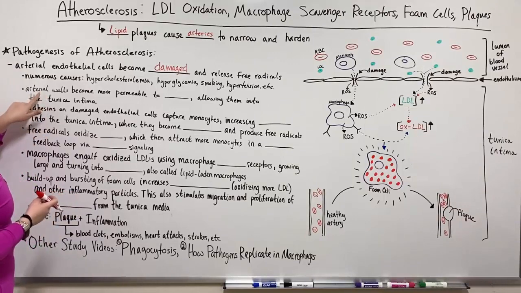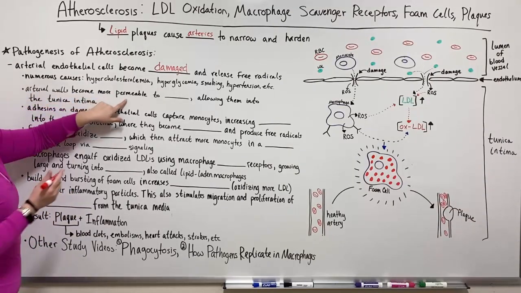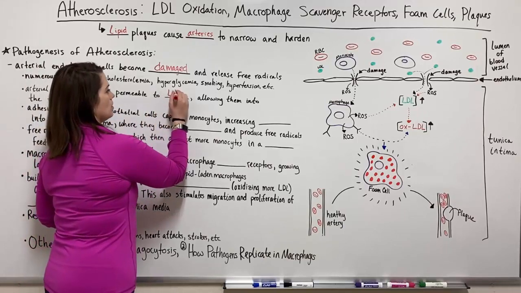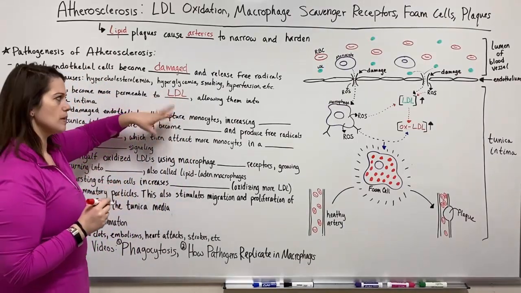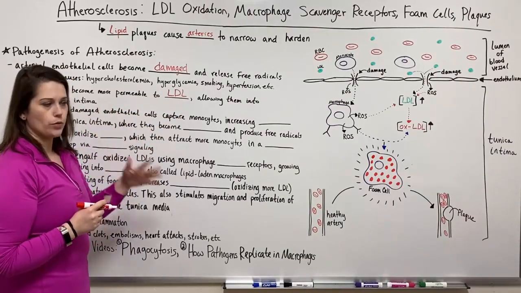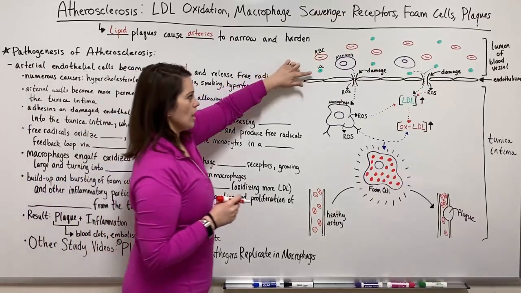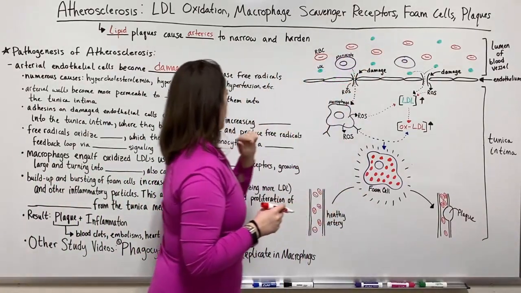Then this damage means that the arterial walls become more permeable to LDL. Remember, that's low density lipoprotein. This is a specific way in which cholesterol is moved through the body. We've got our LDL particles, I've drawn them here in green, going through the bloodstream.